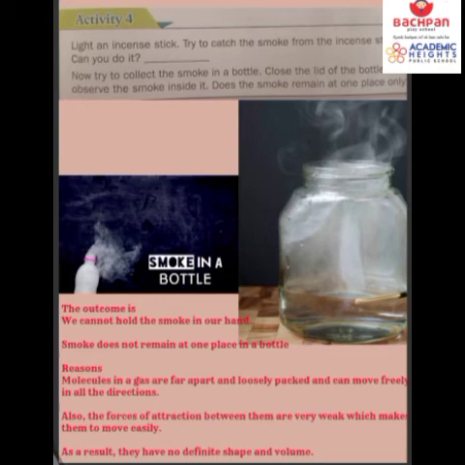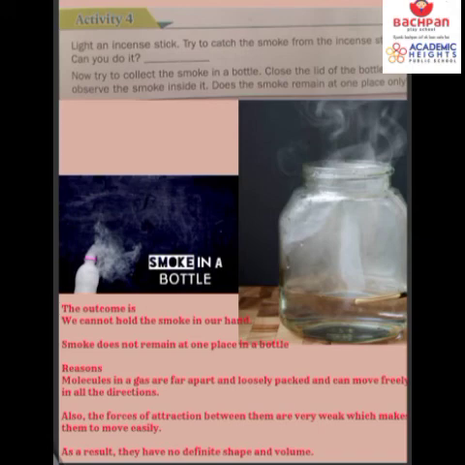One more thing: now we have to close the same gas, the smoke, in a bottle. Can you close that in a bottle? Even if you close it, do you know what you will see? That it is moving. The gas and the smoke are moving inside that container. So what is the outcome of all this? The outcome is that we cannot hold the smoke in our hand, and smoke does not remain at one place also. Do you know why? Because the molecules in a gas are very loosely packed, and they move freely in all the directions.